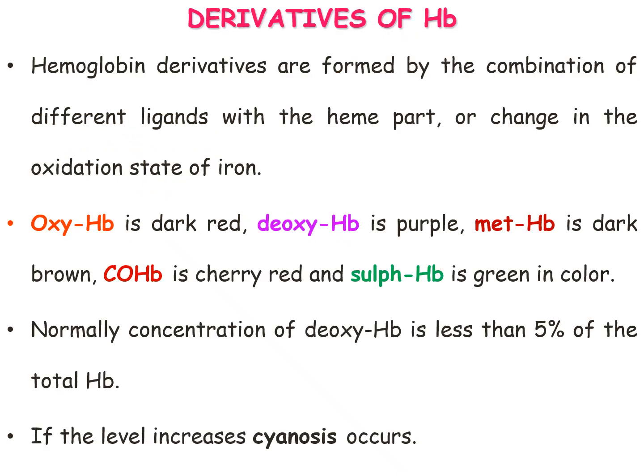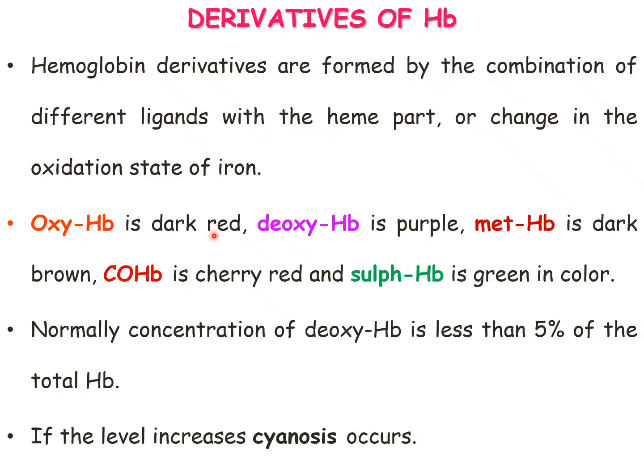Next, hemoglobinopathies or derivatives of hemoglobin, a very important 5-mark question. In the practical classes you will be handling these. Hemoglobin derivatives are formed by the combination of different ligands with the heme part. It may be in an oxidized state. Oxyhemoglobin is red. Deoxyhemoglobin is purple. Methemoglobin is dark brown, carboxyhemoglobin, from carbon monoxide, CO, is cherry red, and sulfhemoglobin is green in color.